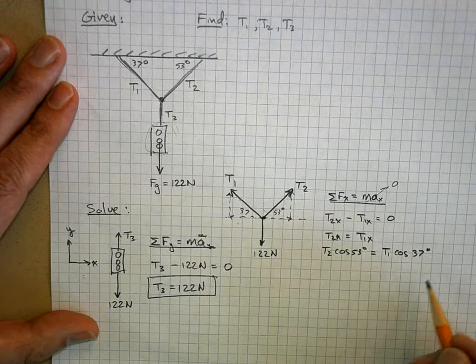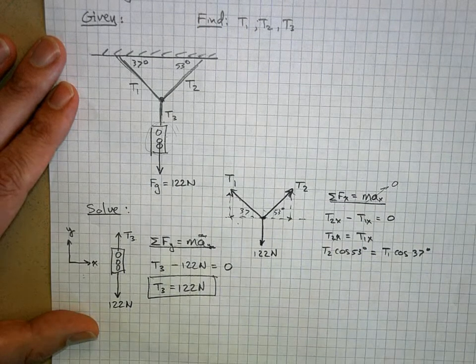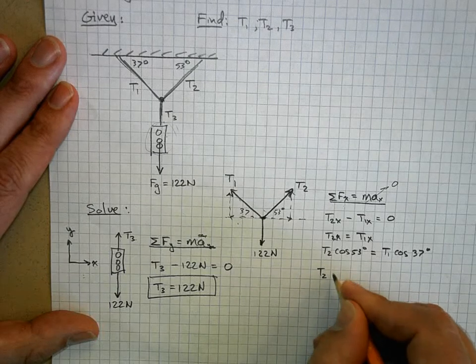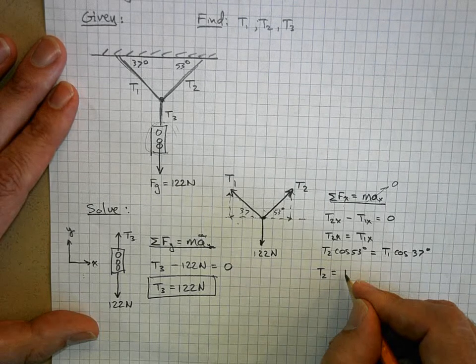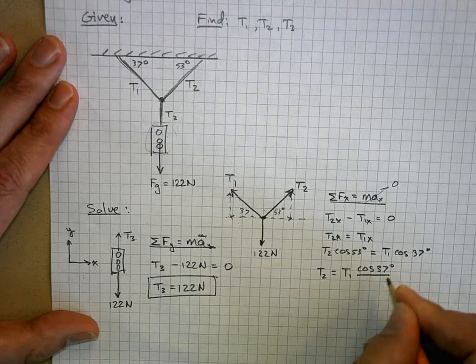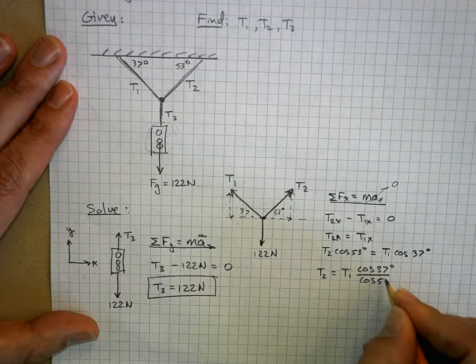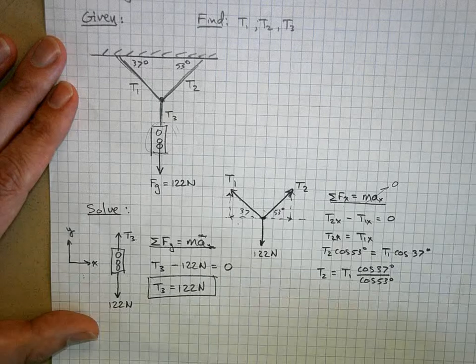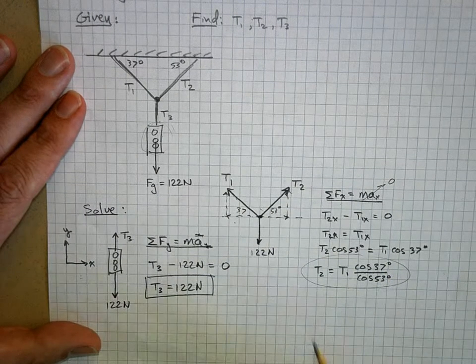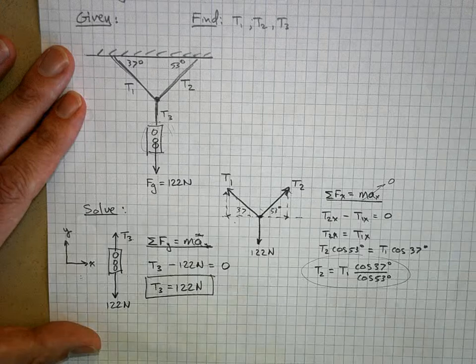So what this does is that this allows me to express T2 in terms of T1. T2 will equal T1 times the cosine of 37 degrees divided by the cosine of 53 degrees. Okay? But that doesn't solve my problem. I've got 2 unknowns, so I need 2 equations.